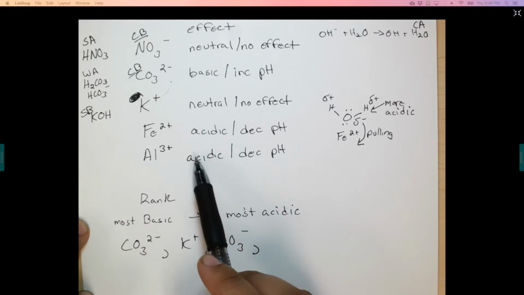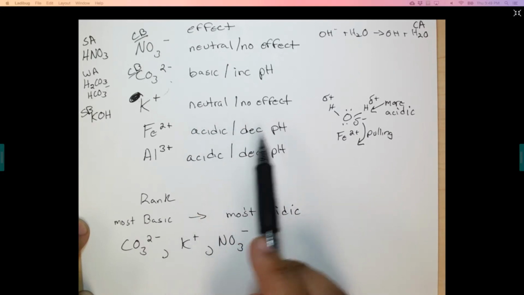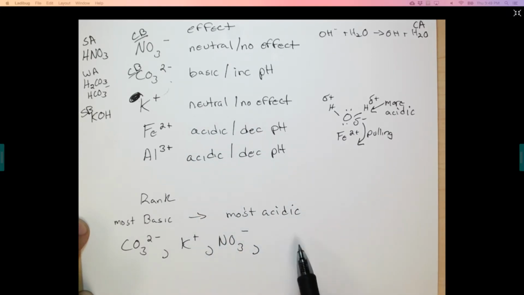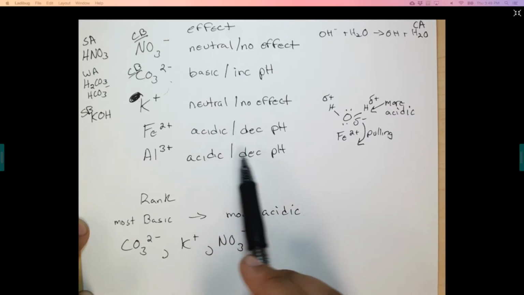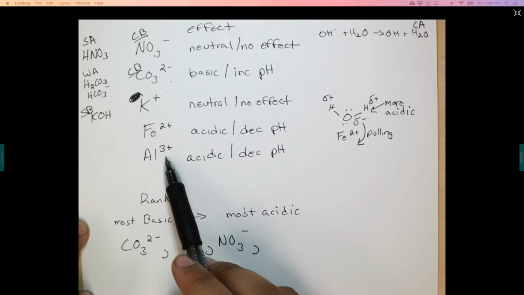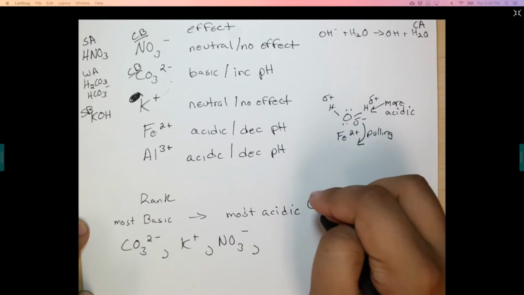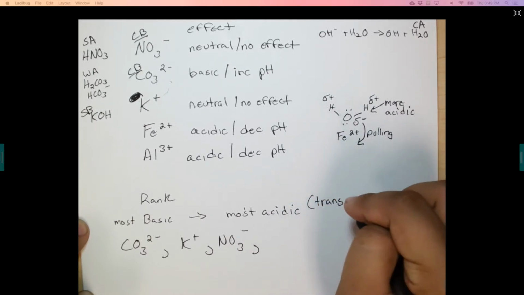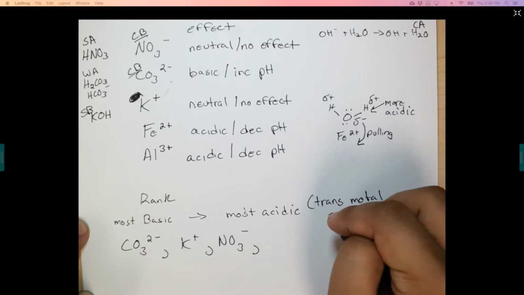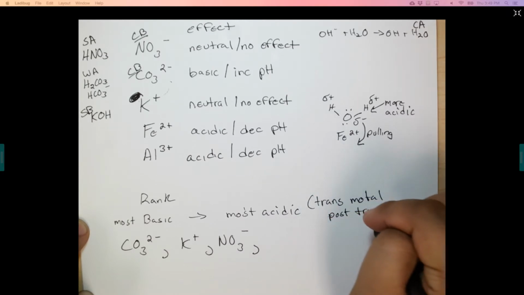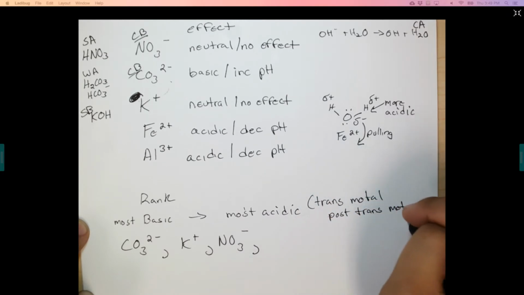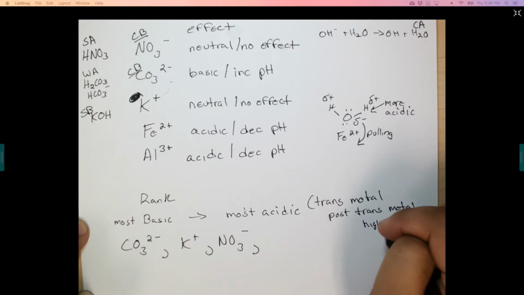Both of these ions are in fact acidic. Both of them decrease pH, but if we needed to rank them, which one is the most acidic is generally going to be the one with the higher charge, right? Higher charge. So most acidic when we're dealing with transition metals and post-transition metals: higher charge, more acidic.